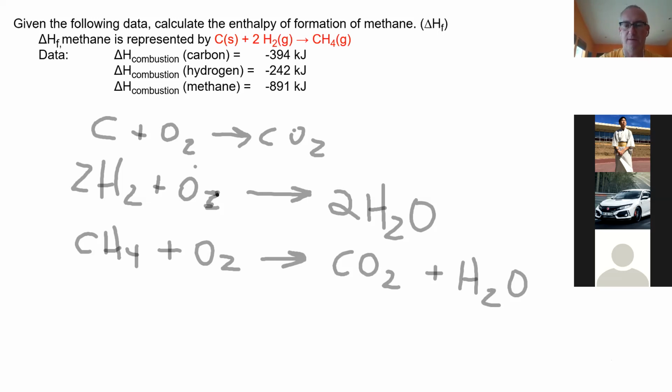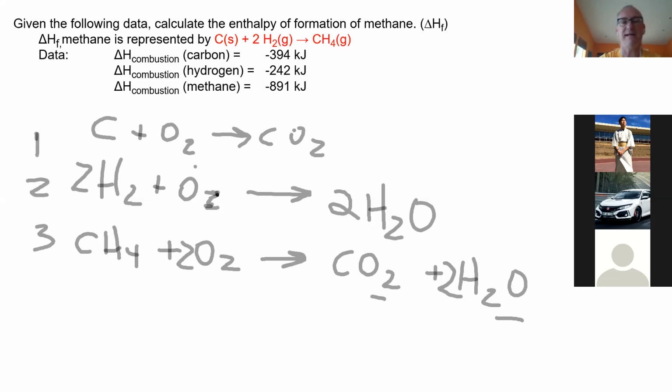Because we have 3 oxygens on the right side and only 2 on the left. So what are we going to do? Can you multiply H2O by 2, because you have 4 hydrogen on the left side? We can. And then multiply O2 by 2 to get 4 oxygen. That's right. So 1 mole of methane, 2 moles of oxygen give us 1 mole of CO2 and 2 moles of water. So those are the 3 reactions we have.